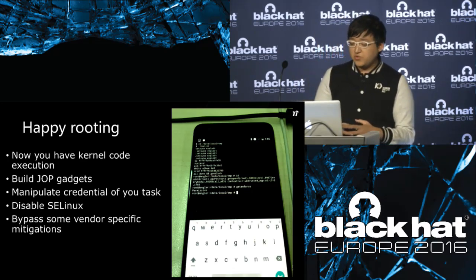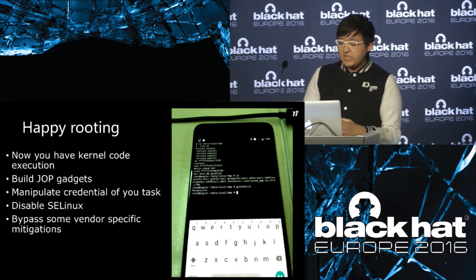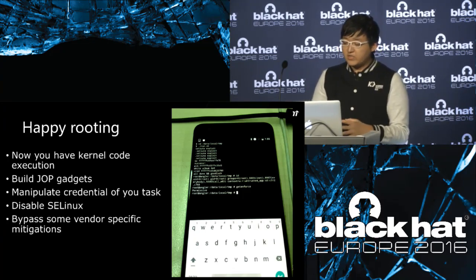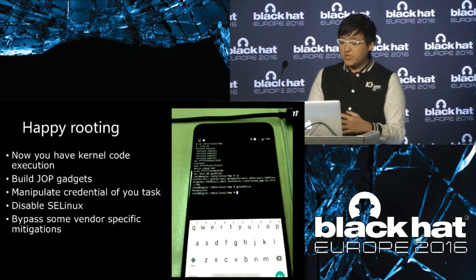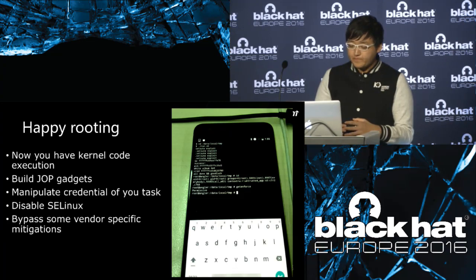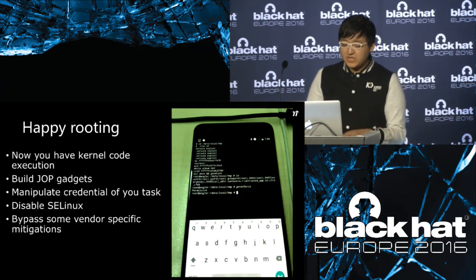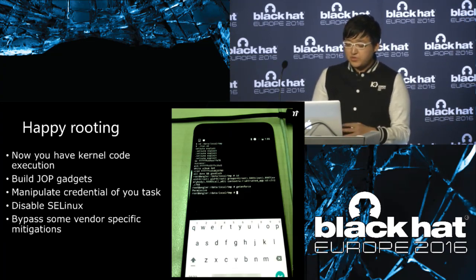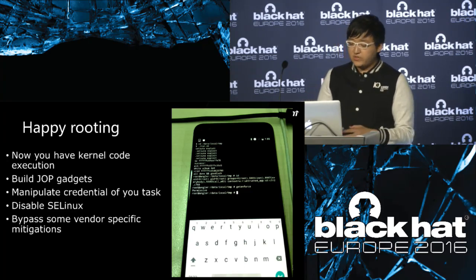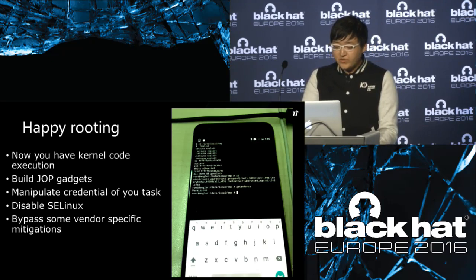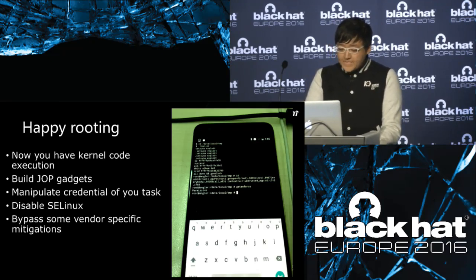In other words, you need to change your UID to 0 and change your security ID to 1, or to the ID which belongs to the init process. In this way, you can bypass some SELinux policies. You can also just directly disable SELinux in the kernel, so you don't need to care about the SELinux policy.